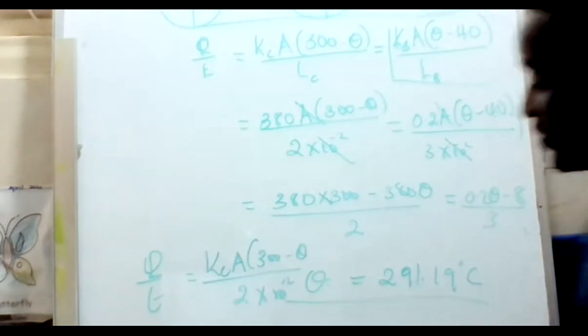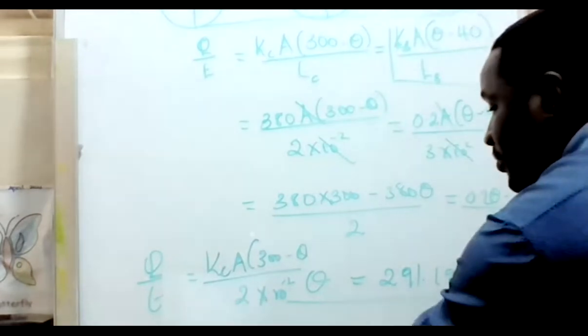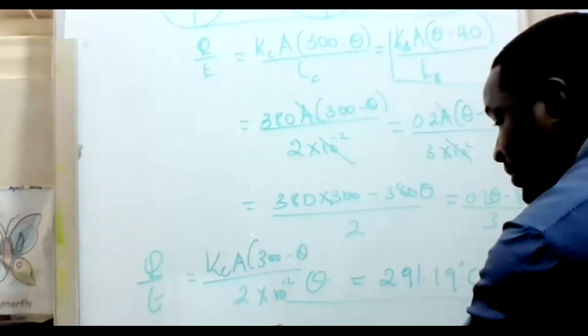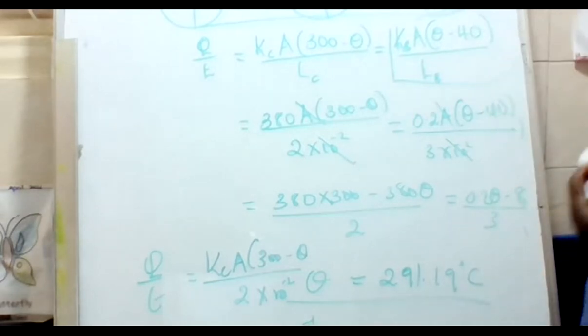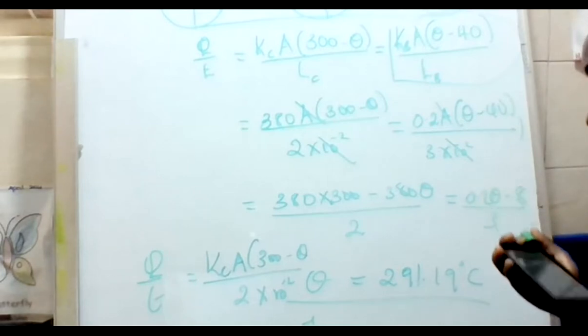After substituting, you're going to find this value in joules per second, which is 1.183 joules per second. That is the steady state rate of heat flow.